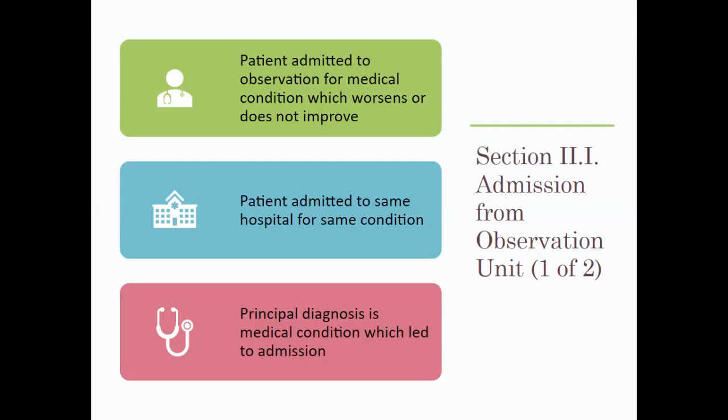So you can go from observation to inpatient, because if a condition isn't improved and it's worrisome, and your principal diagnosis is so severe, you have to be admitted. You can go from observation to inpatient, but you can't go from inpatient to observation. You would have to be discharged and then turn around and be readmitted to observation, but that rarely ever happens. So you can go from observation to inpatient.